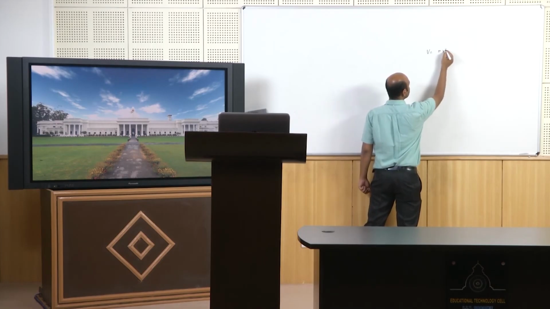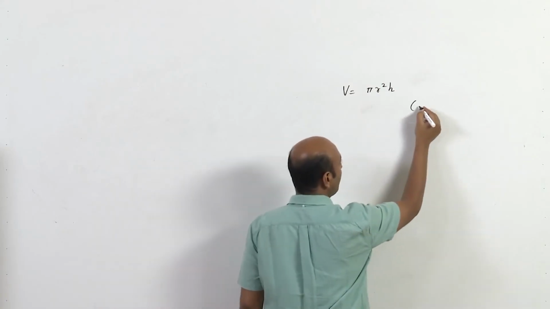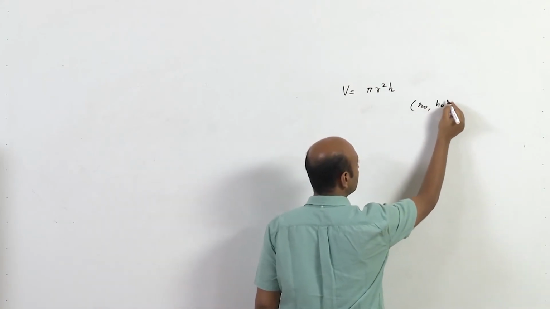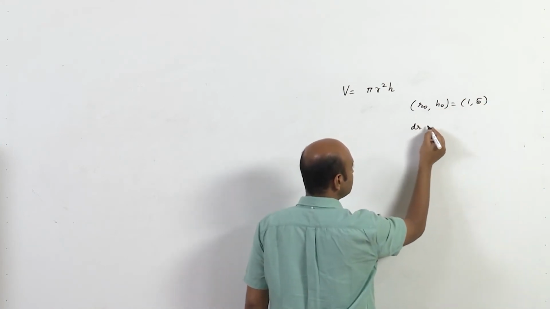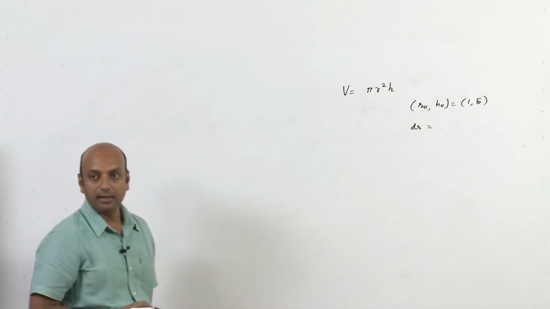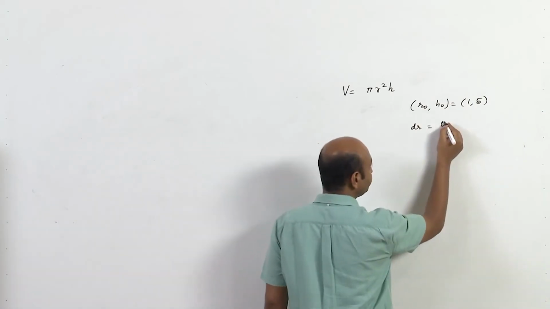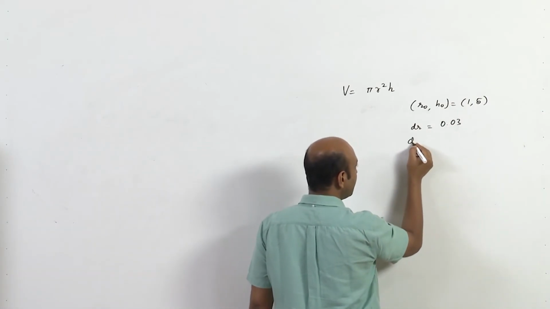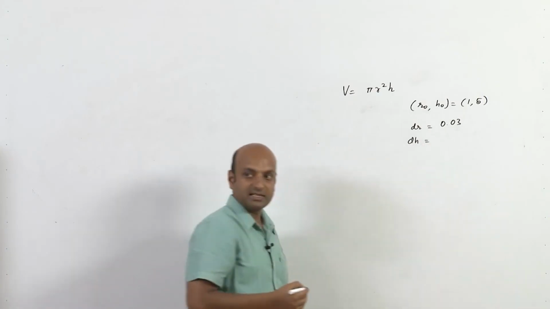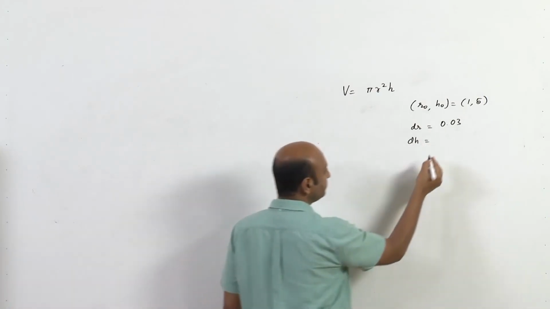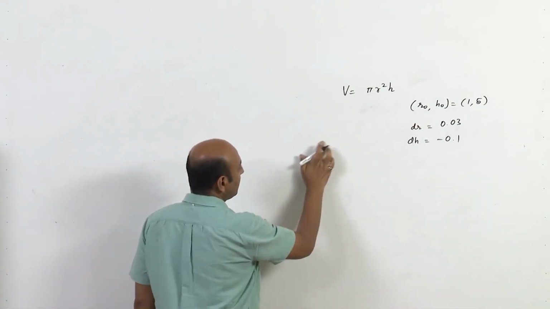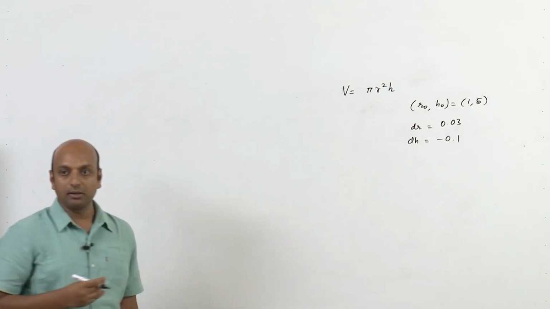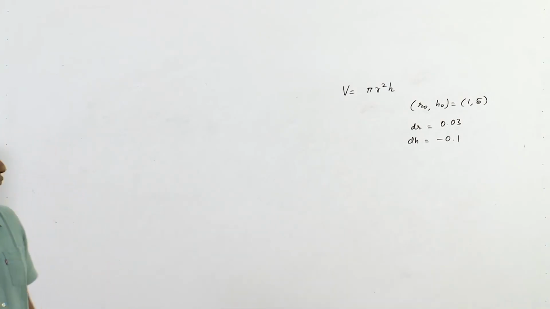The initial point r naught, h naught is 1, 5. dr, the change in the value of r, is 0.03 and dh is minus 0.1. Okay. Now, we have to find the relative and absolute change in the value of v.